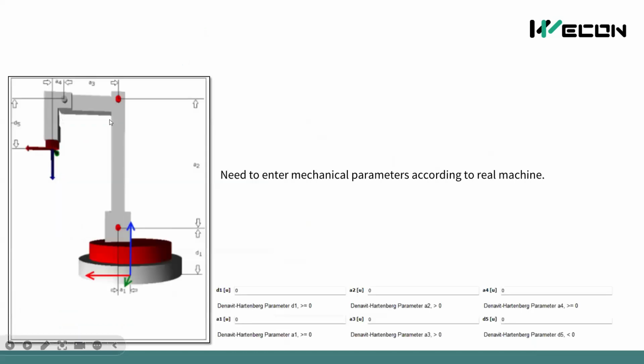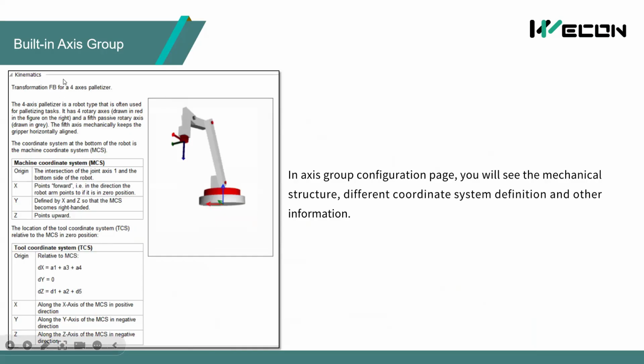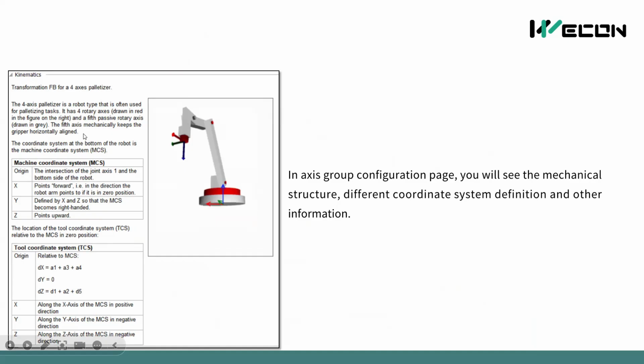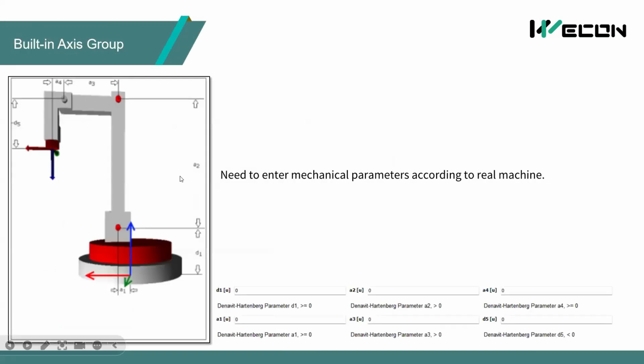In the configuration page, you can see the machine structure and some introduction about this model, about these robots, how to define the MCS and how to define the TCS. We also need to fill in the machine parameters according to our real machine. It will show you how to input the parameters.